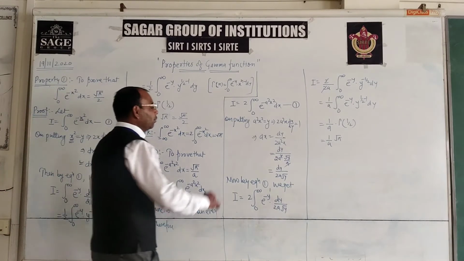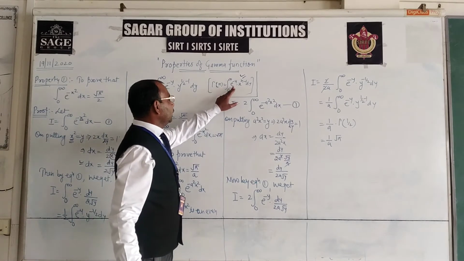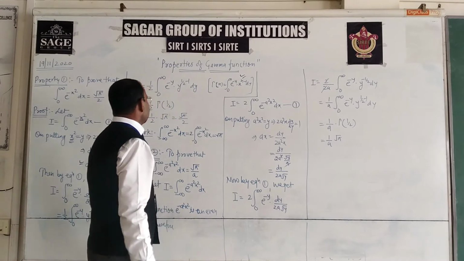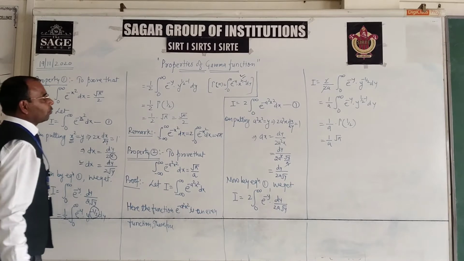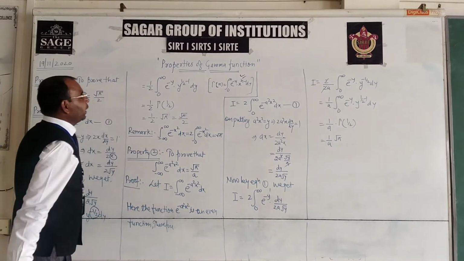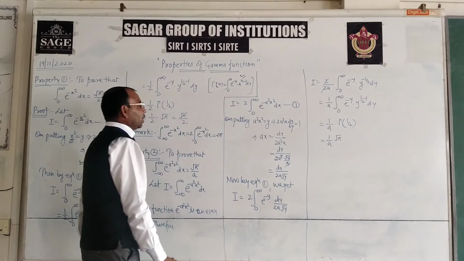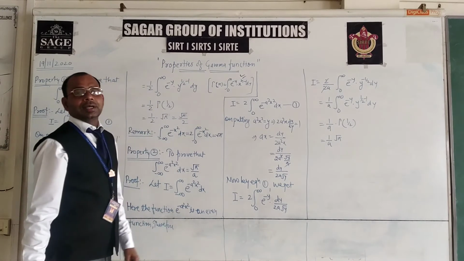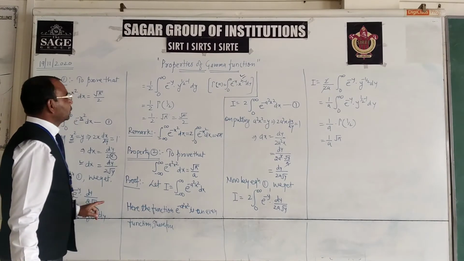And we have the gamma function: gamma n is the integral from 0 to infinity of e to the power minus y, y to the power n minus 1 dy. So we change this term into gamma function form. Minus 1 by 2 we write in n minus 1 format: 1 by 2 minus 1 equals minus 1 by 2.